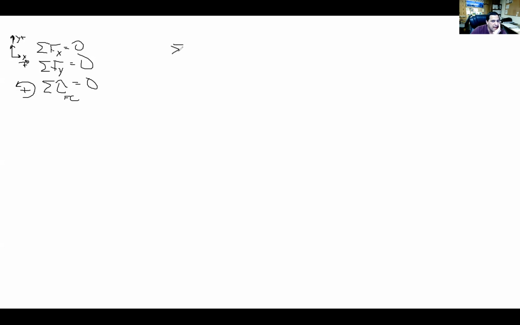Let's first look at the sum of forces. Let's go in the Y direction. All I have in the Y is my FCY and the weight of the ladder, because I don't have a Y component for the reaction force at the wall, equal to 0. We were given the mass of the ladder as 12 kilograms.